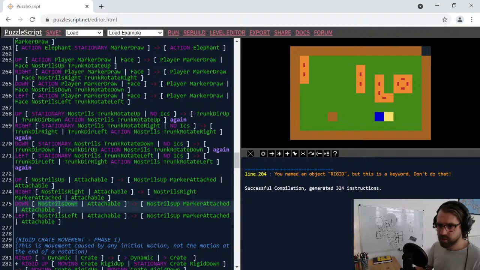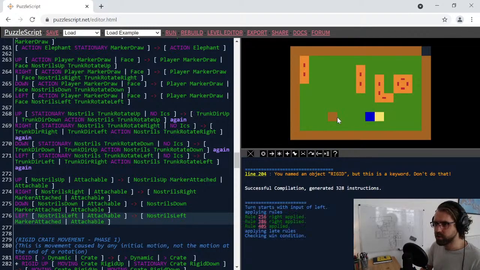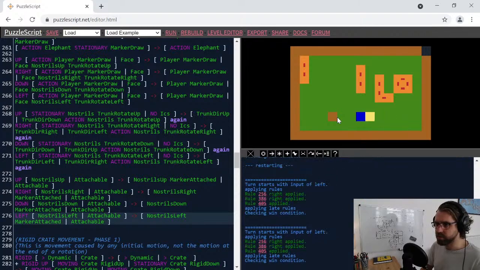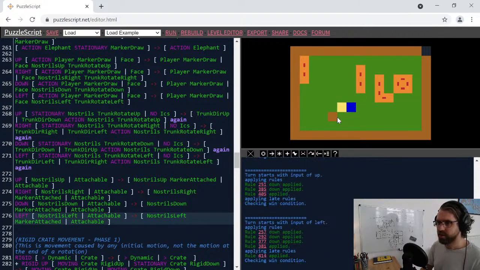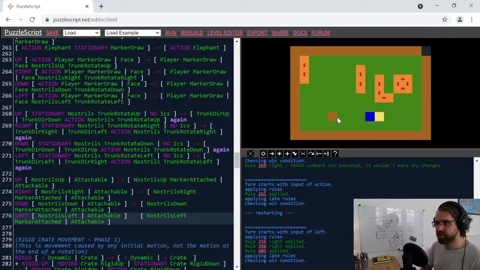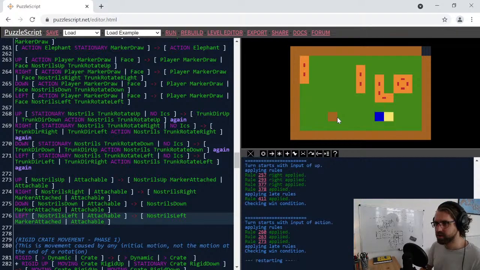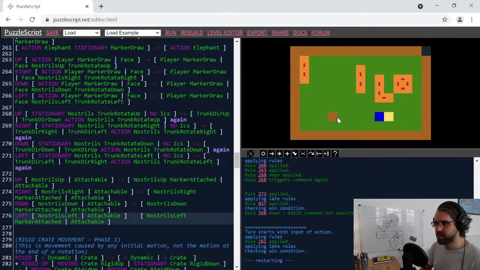That. Okay, so I should end up with a blue cross. Not in that situation, good. And then in that situation, yes. Yes, we are attached. Attached, nice.